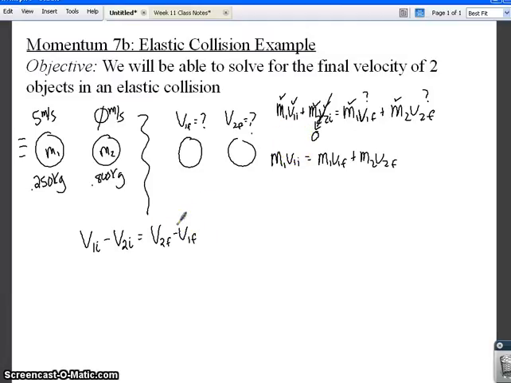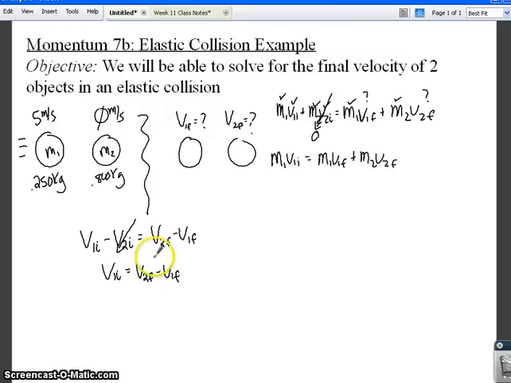We know from this equation that the initial speed of object 2 is 0. So we're going to have v1I equals v2f minus v1f. So all we have to do is now take one of these and try to solve for it. I'm going to try and solve for v2 final.